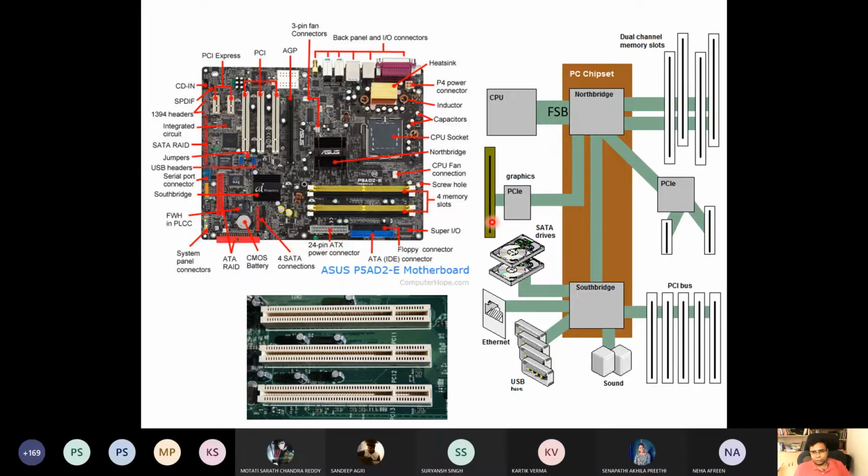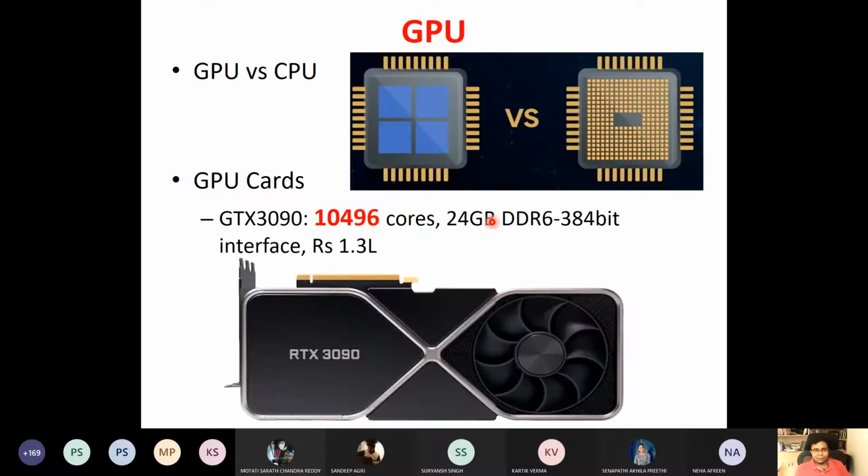In general we say all PCI, but based on speed and number of pins we differentiate. We don't need to go into detail, but at a very high level we say this graphics card sits on PCI slots. Okay, and if you look at GPU versus CPU.